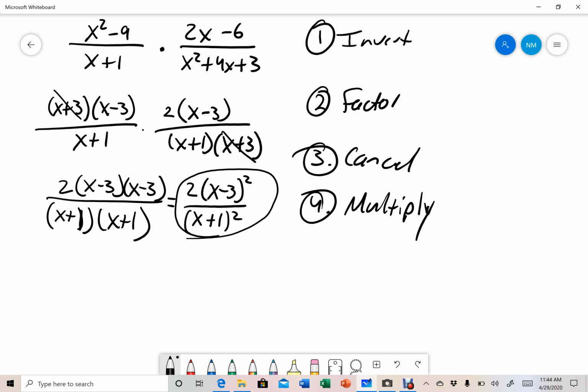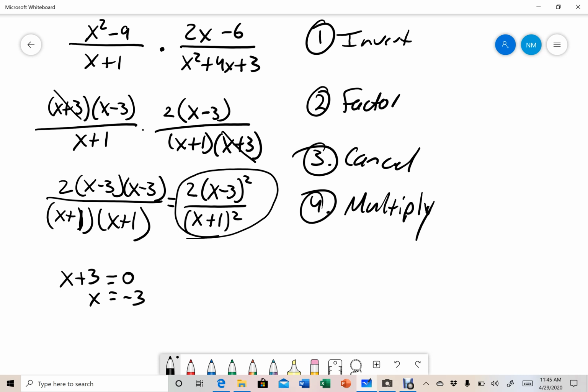I've done my multiplication. Now I'm doing my setting to 0. So I take my canceled term. Now here I have x plus 3 equals 0. So x equals negative 3. Now I want to point something out, okay? Here we have 2 times x minus 3. Now this term right here was originally in the denominator before we flipped it, okay?